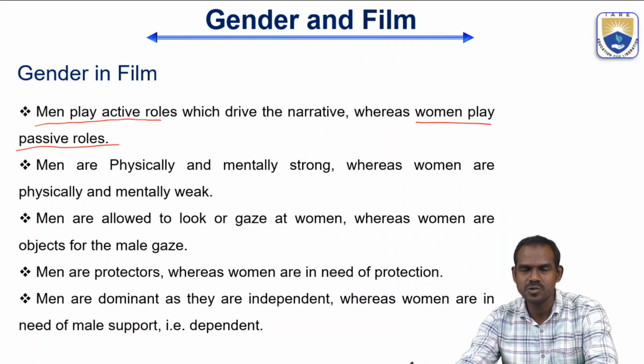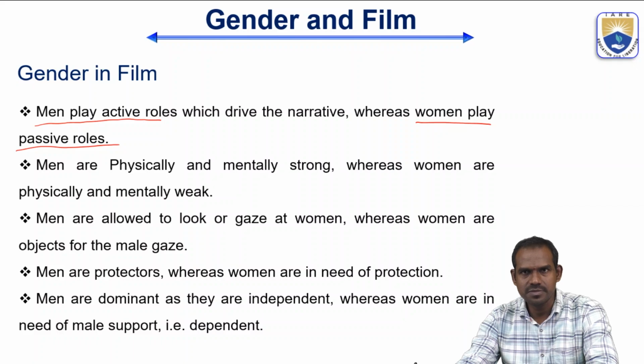So men are those who protect the women. That is the society's perception. But as I said again, if gender sensitization is achieved to 100%, meaning gender equality, then we cannot say this. Both are equally strong. They can protect themselves.